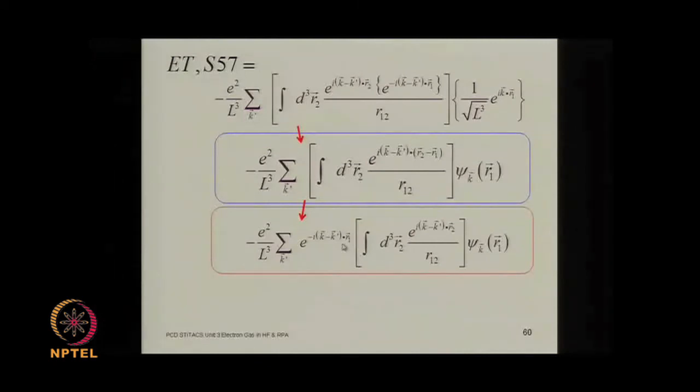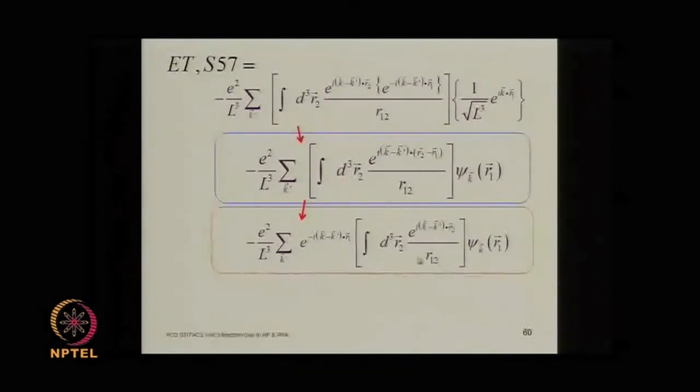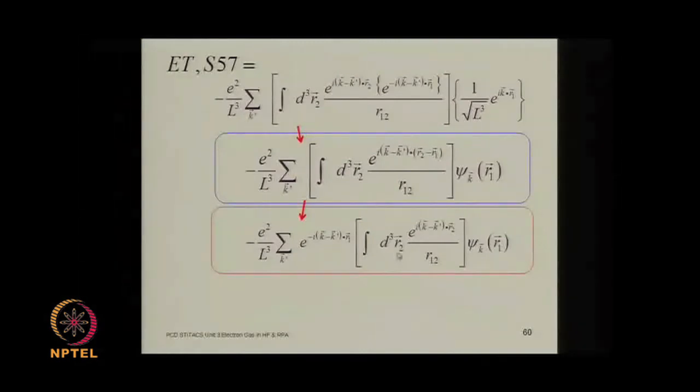Now, notice that what is in the square bracket contains integration over R2. Of course, it contains R1 over here because the denominator is the difference between the position vectors R1 and R2, right.